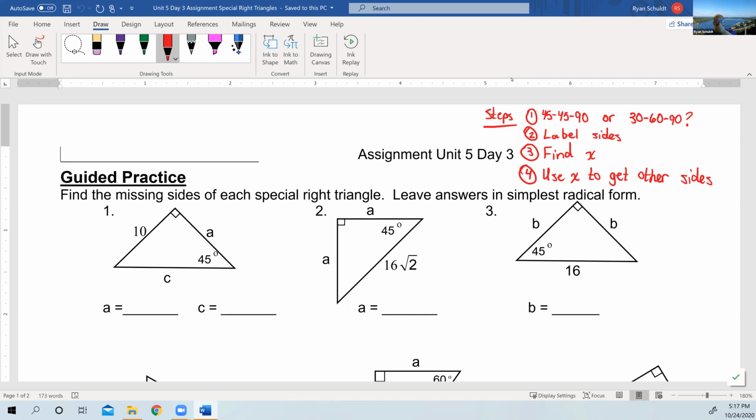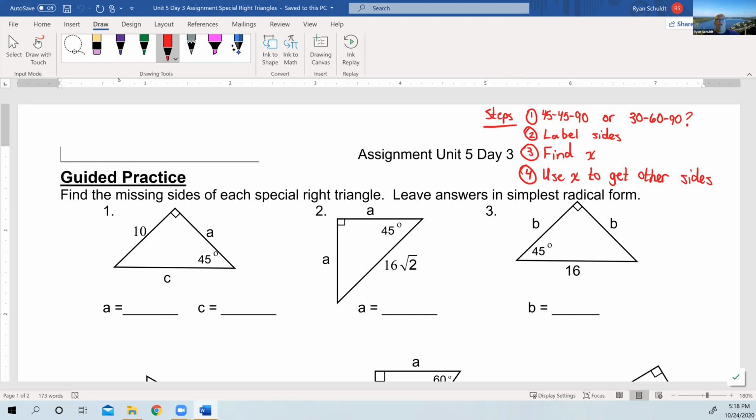That's really our 4 steps that we do. We got to figure out what kind it is, label our sides based on that template, find X, and then use X to get the other sides. 4 steps. That's all I ask, 4 steps.